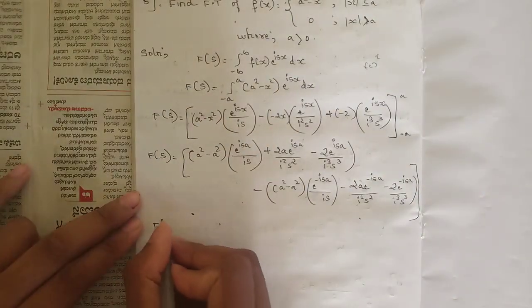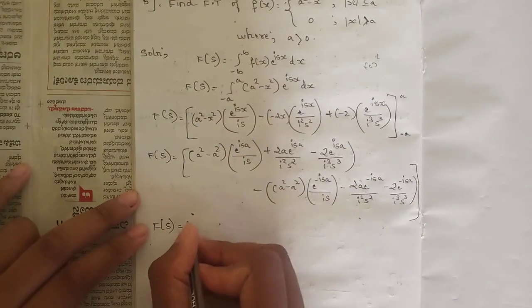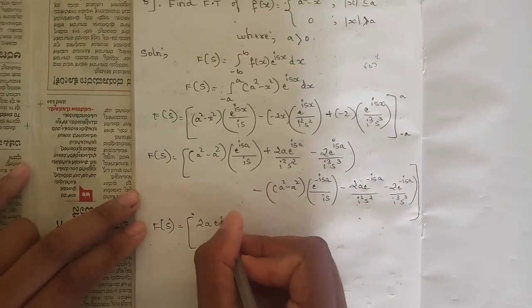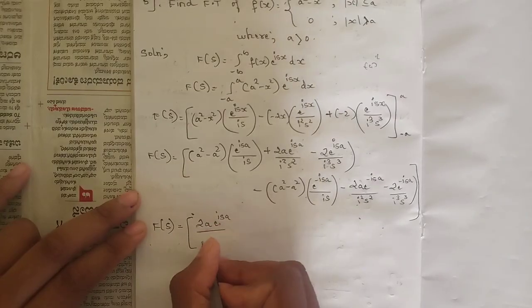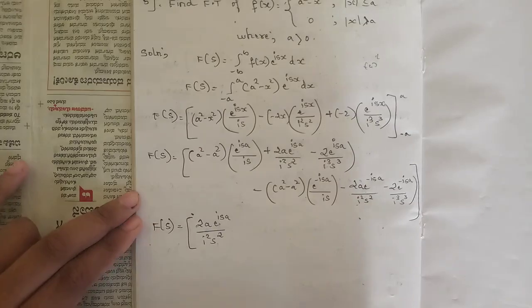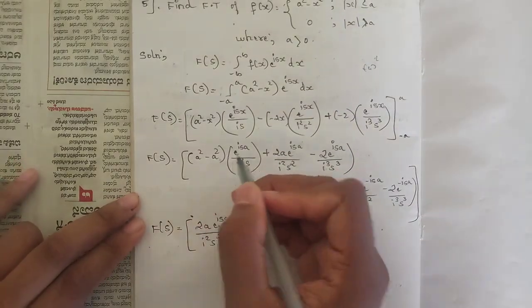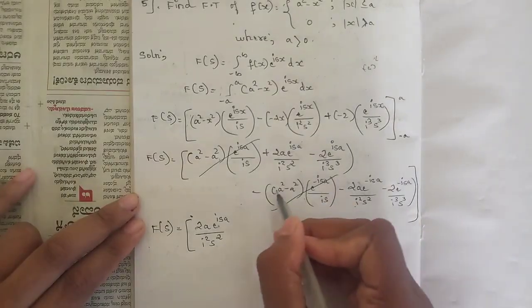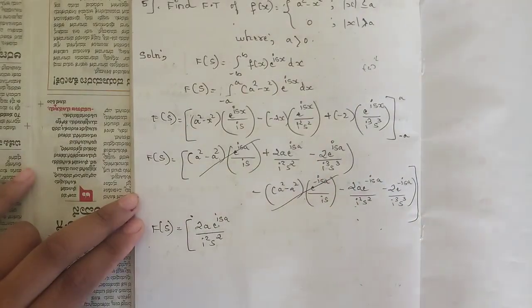So now f(s) is equal to 2a into e^(isa) divided by i²s². Since we can see that a² − a² is 0, right, so this term whole becomes 0, and here also a² − a² is 0, so these two terms get cancelled.